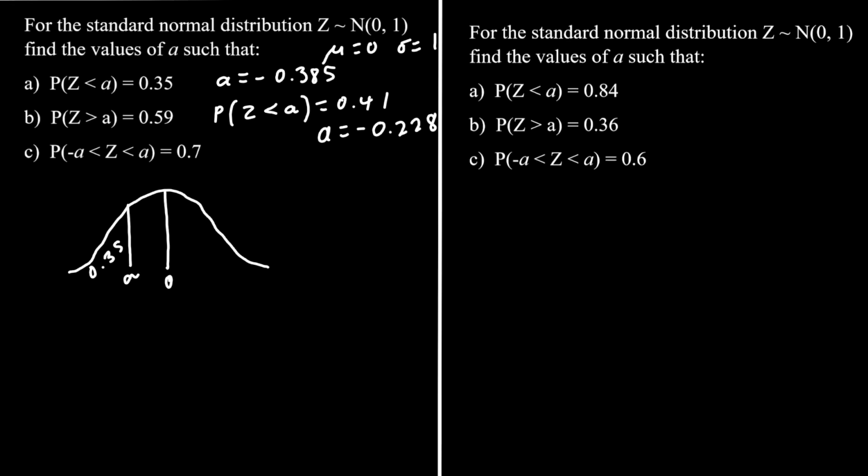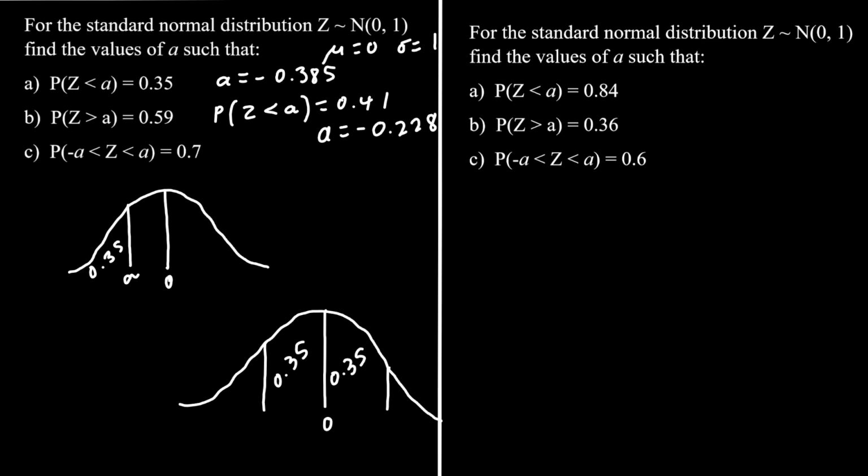And for part C, the probability that Z is between negative A and A is 0.7. Let's look at what this looks like. So we know we've got 0 in the middle. And because it's symmetrical, that means we're going to have 0.35 on each side, at A and negative A, which means we've got 0.15 in the other two parts.